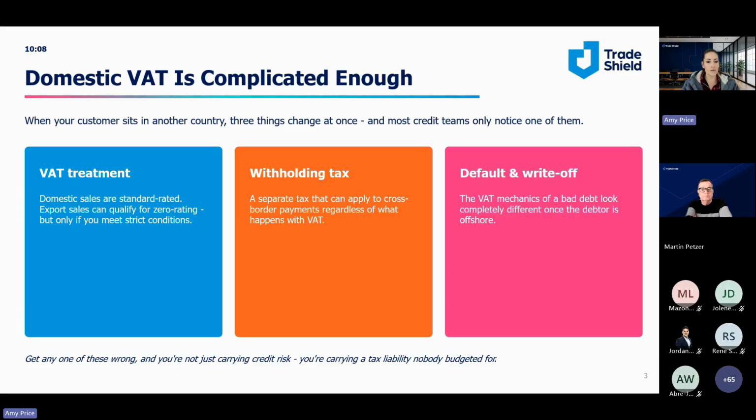The second one we're talking about is withholding tax. So withholding tax, which is a completely different tax from your normal VAT, doesn't care about what you did with your VAT. It can only apply on its own. So it's totally separate to that of your actual VAT. Okay. And certain types of cross-border payments are affected by withholding tax.